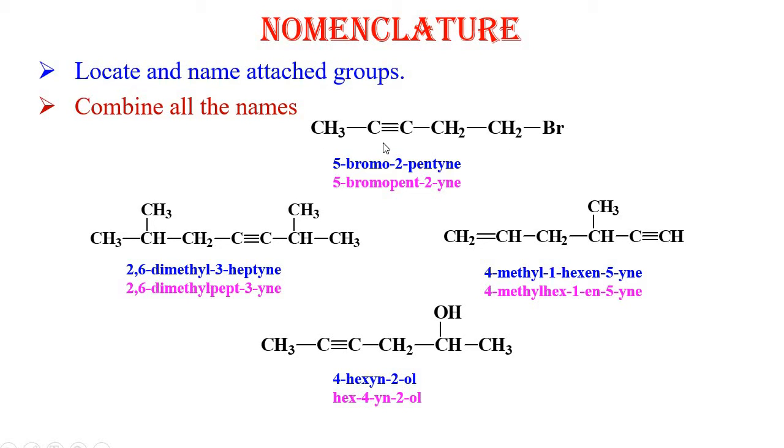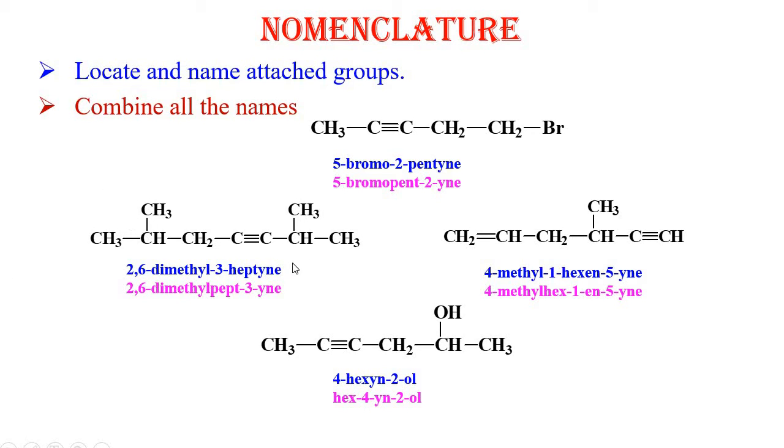Numbering is done in such a way that the carbon-carbon triple bond gets the lowest number. Numbering is done from this side: 1, 2, 3, 4, 5. The name of this compound is 5-bromo. It is a 5 carbon containing compound, so pentane. The "-ane" of alkane is replaced by "-yne". So 5-bromo-1-pentyne.